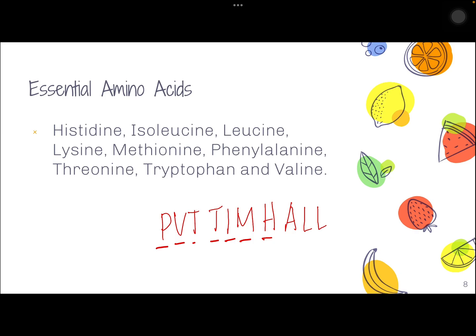Then we have leucine and lysine. The A here is not present. It's just PVT TIM HALL. We assume that it's HALL because of histidine and the two Ls. That's how we remember them. So if you have your own mnemonic, it's much better for you to use it.